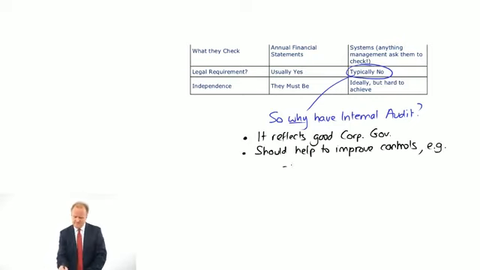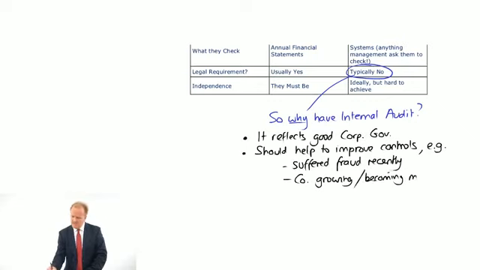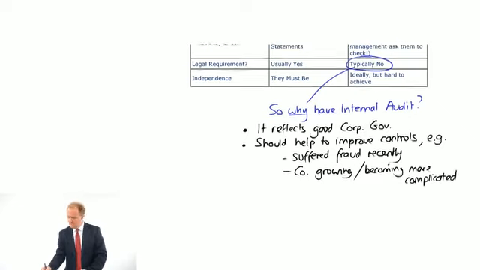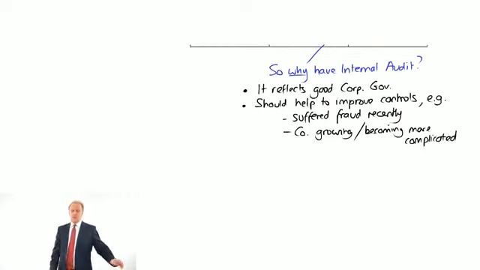However, if you have suffered a lot of fraud recently, if the company is growing, or becoming more complicated, those could be very good reasons to put internal audit in place right now.